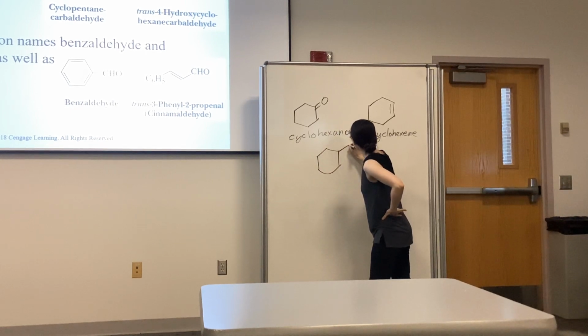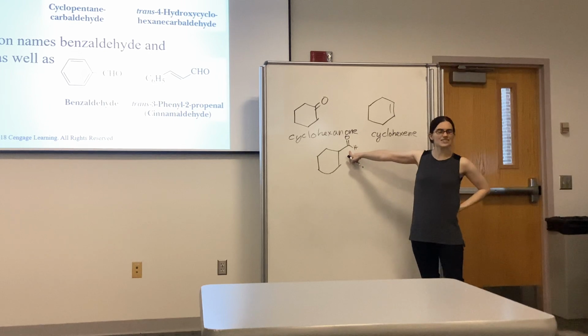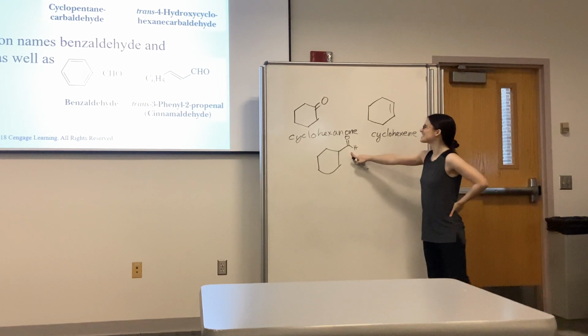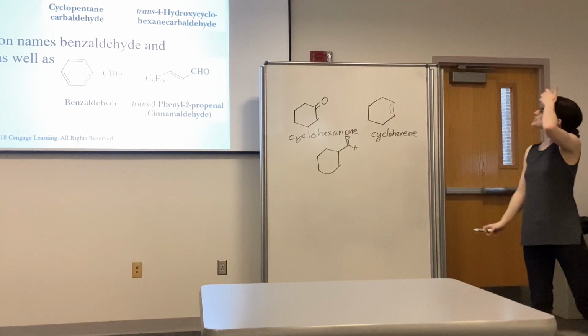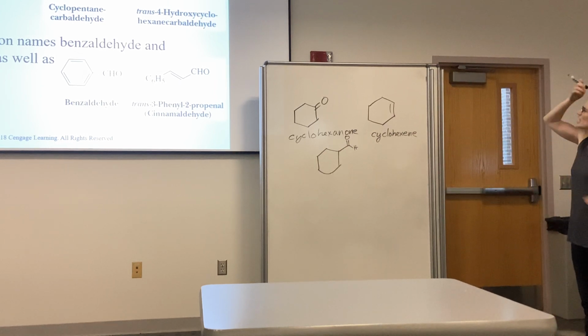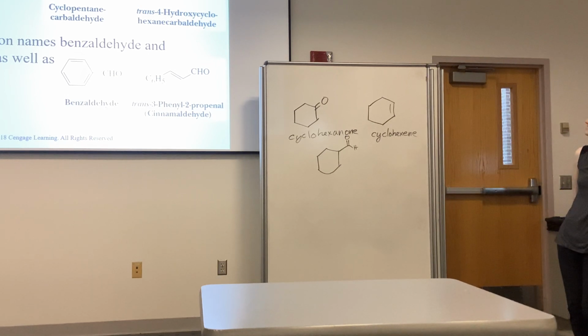But if we've actually got a ring where we've got an aldehyde coming off of it, I guess that's the only way to make a cyclic aldehyde, then instead of "al", we're going to name it carbaldehyde. So cyclopentane carbaldehyde. Just shove that on the end there.